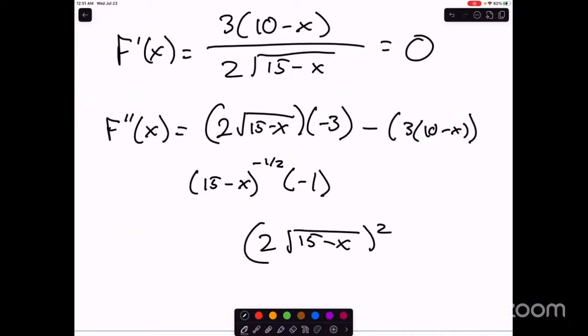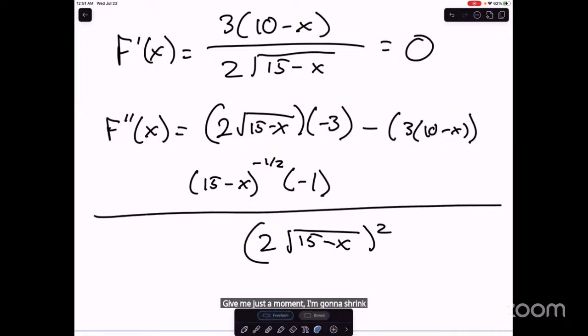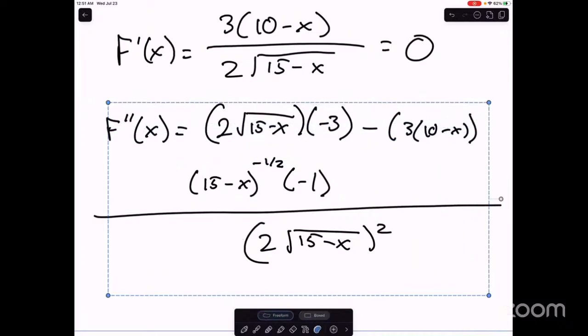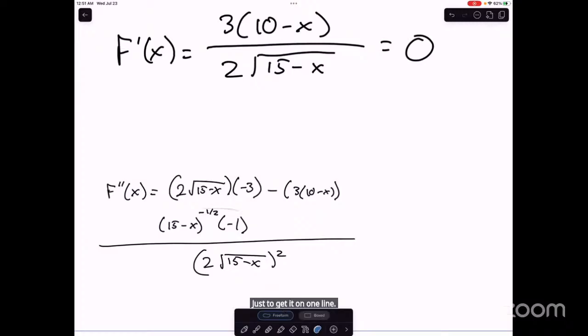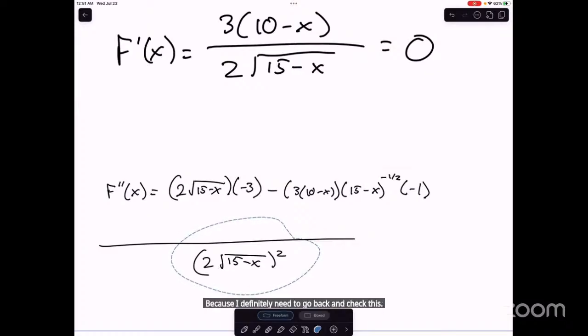Okay. Give me just a moment. I'm going to shrink this down just to get it on one line, because I definitely need to go back and check this.